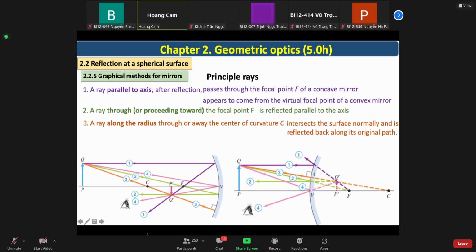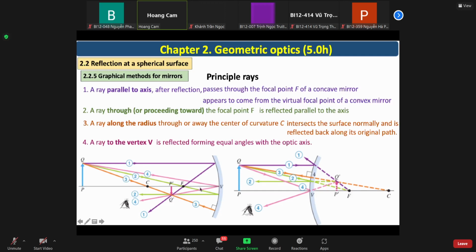And for the fourth case, a ray to the vertex B, in the two cases, is reflected forming equal angles with the optic axis, or we say it reflects symmetrically to the incident ray.